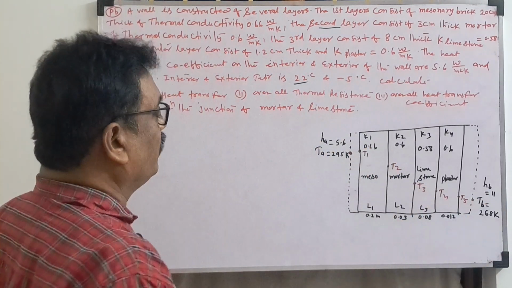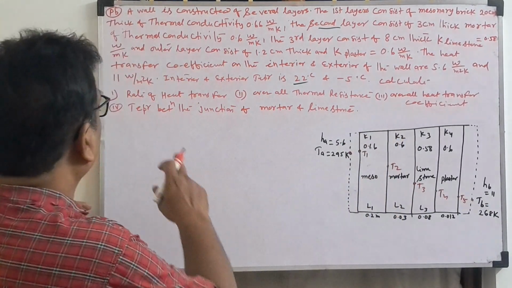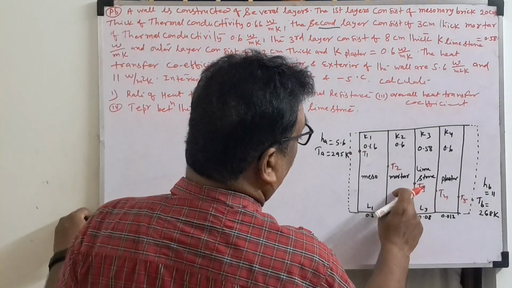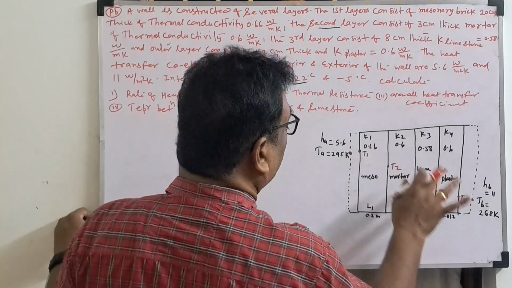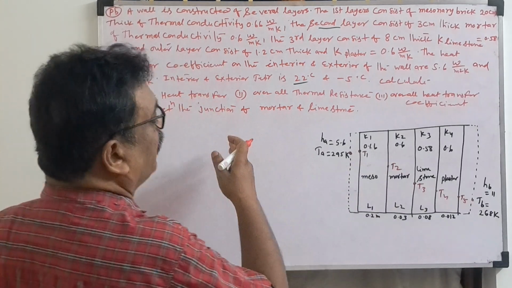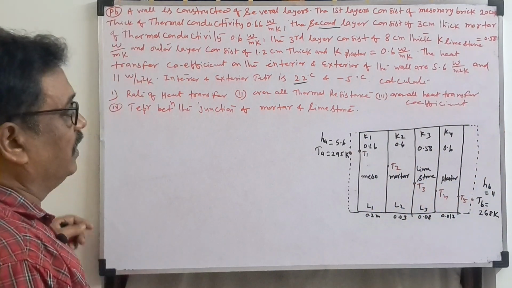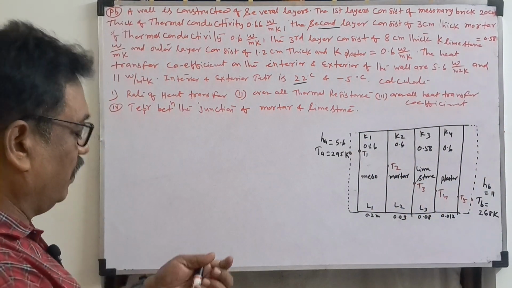T1, T2, T3, T4 are all interface temperatures. But they are asking for the temperature between the junction of mortar and limestone, so they are asking only for T3. T1 and T2 we also have to find out. Whatever they are asking, only that we will find here.